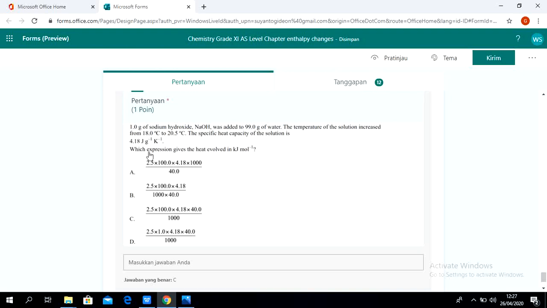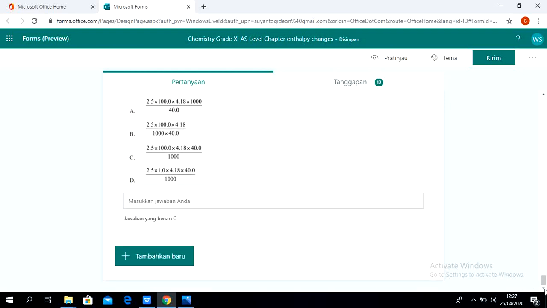And then next, it's multiplied by 40. Where does the 40 come from? 40 comes from the molar mass of sodium hydroxide, and then divide by 1000 because it is in kilojoule. Remember, per mole, so it means directly. Okay, so this is the end of the discussion of the chapter enthalpy change worksheet for AS level chemistry.